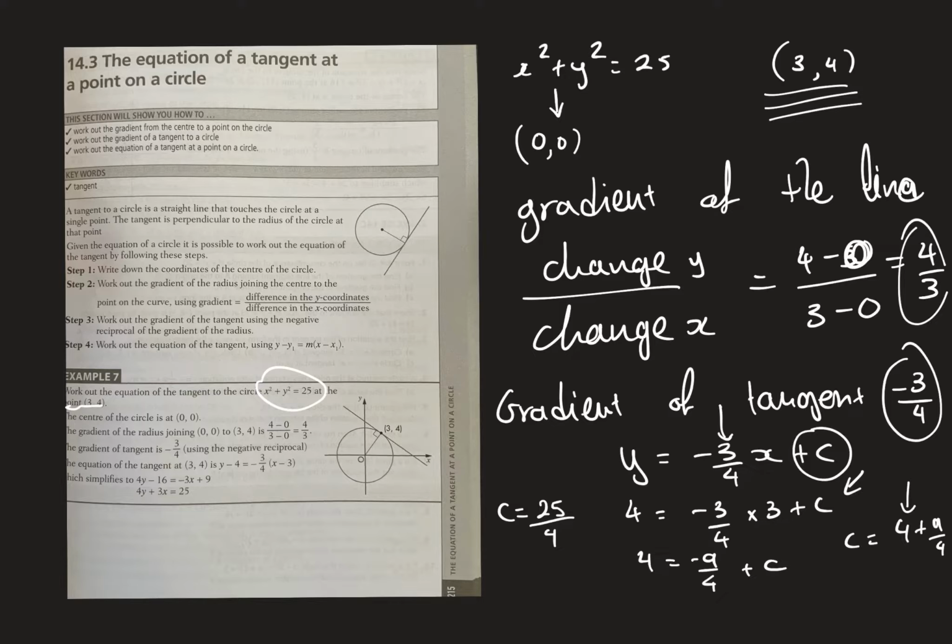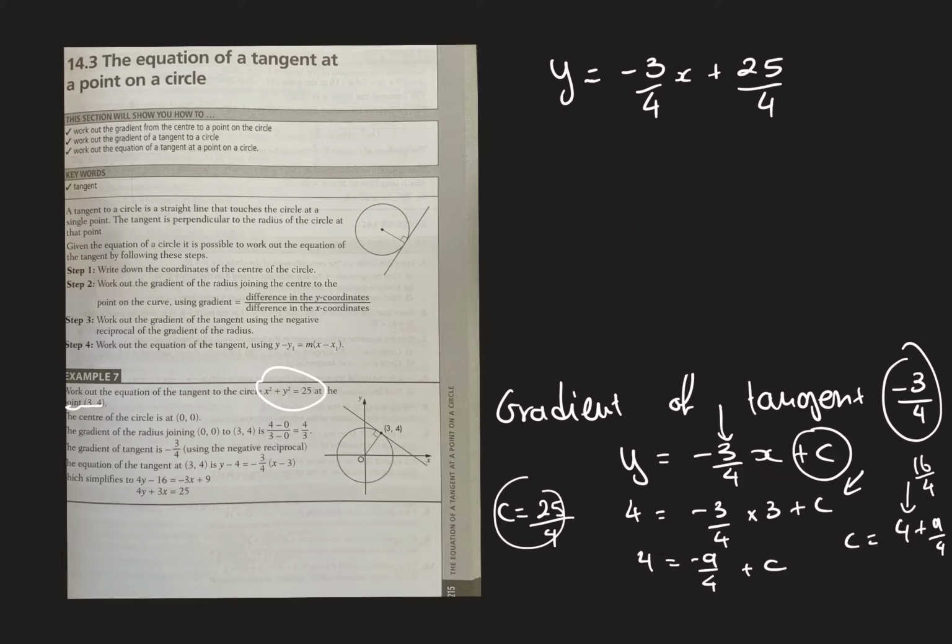Okay, because 4 is 16/4, therefore c is 25/4. So as you can see, y equals minus 3/4 x plus 25/4. Or multiply everything by 4 to make it nicer: y equals minus 3x plus 25. Okay, nice and simple.